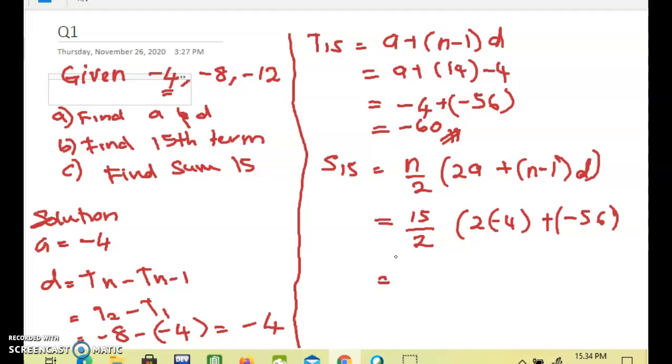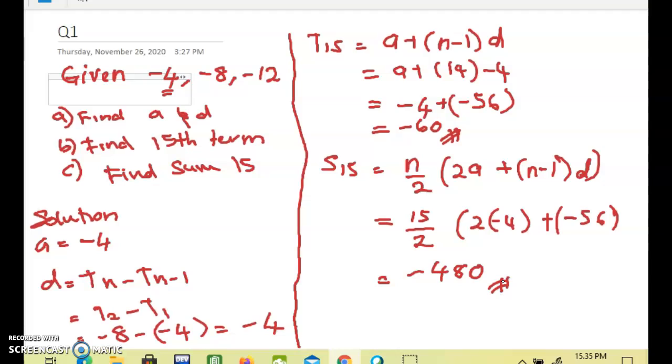Okay, so you can calculate -8 minus 56. We have -64. -64 divided by 2 is -32, multiplied by 15. The answer is -480.